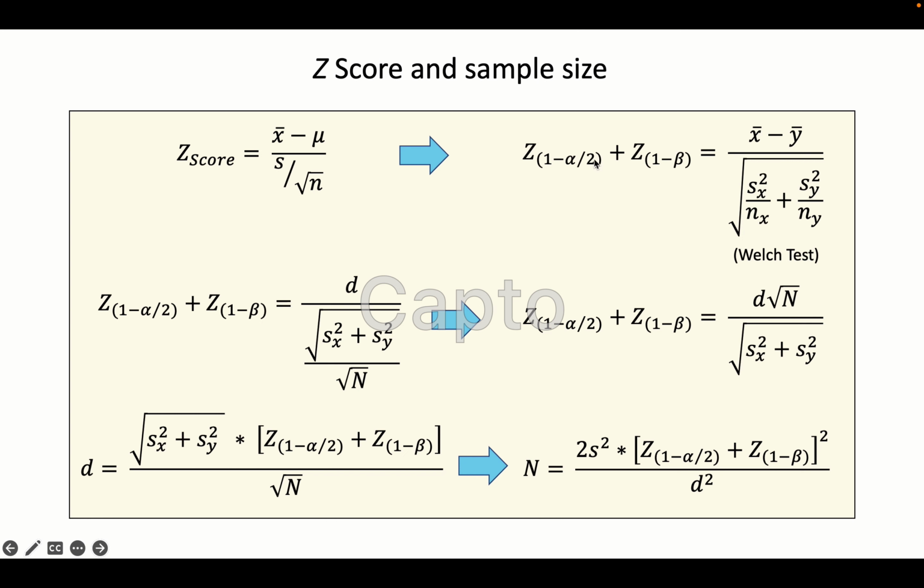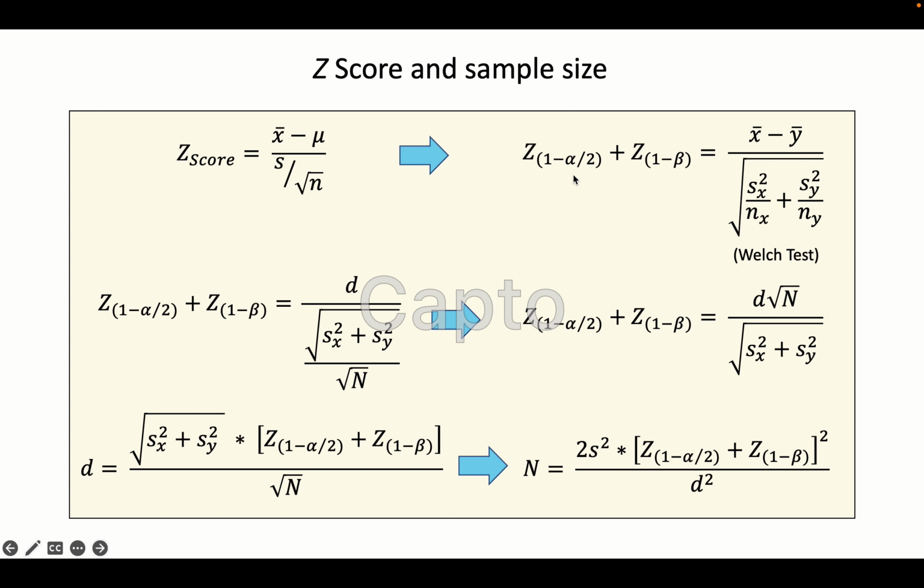Now, if we want to translate this concept into the context of sample size calculation, we will need to divide this Z-score into two types, which are the Z-score for alpha and the Z-score for beta. I will explain later what I mean by this, but it's good to get used to it, because you will see this everywhere whenever you are reading about sample size.